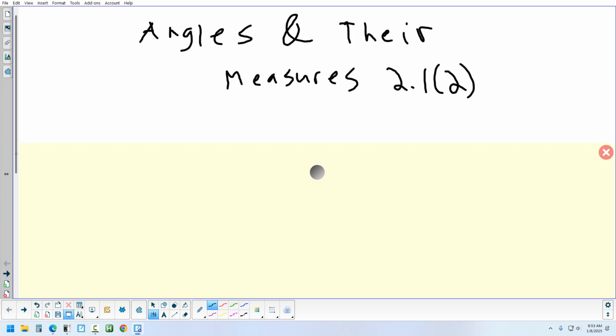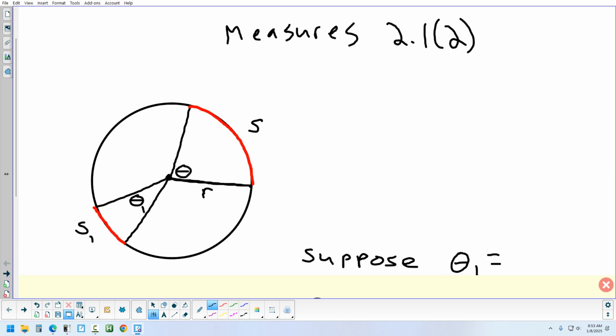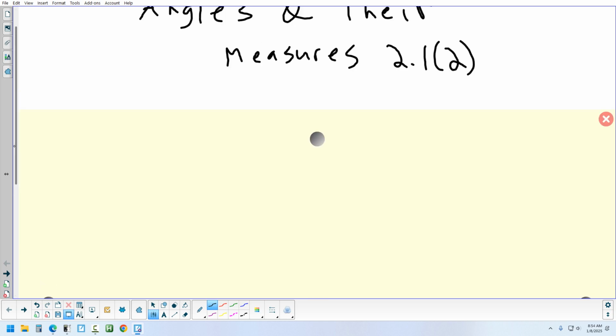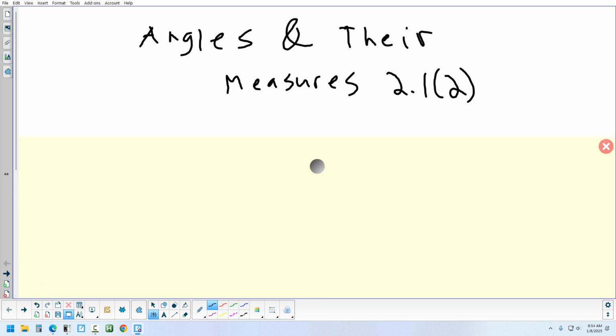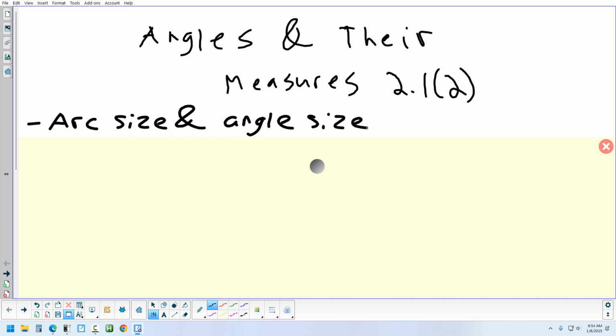All right, so the first thing we need to write down is the following. Arc size and angle size are directly proportional. It says proportional at the end.